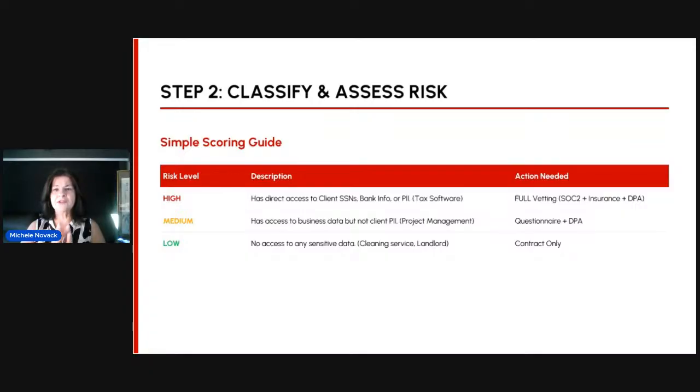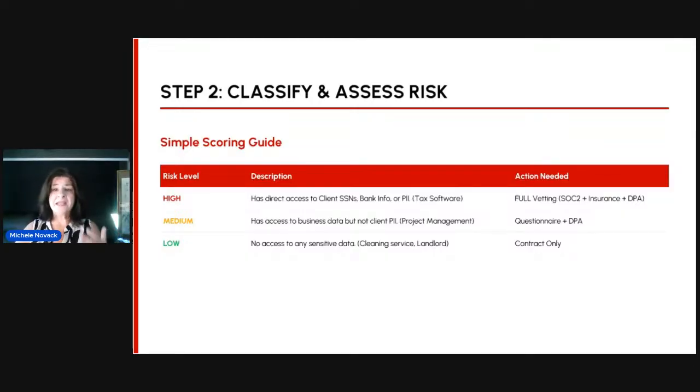Any vendor that stores, transmits, or processes non-public personal information, or NPI, or personally identifiable information, PII, are the ones that you really want to focus on first. This includes anybody handling your Social Security numbers, bank routing and account numbers, credit card data, dates of birth, or signed tax documents.